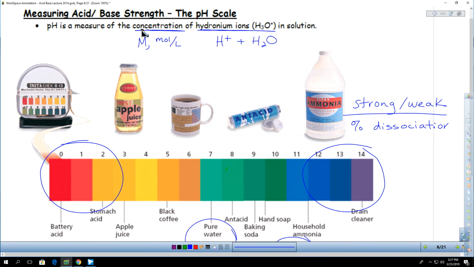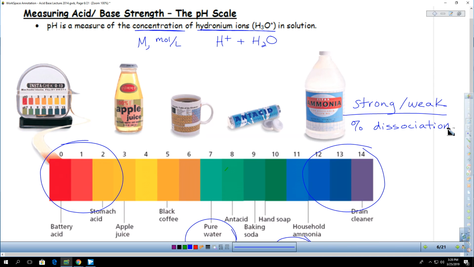They're kind of different. Sometimes they might go hand in hand, but not all the time. So it's not accurate to say that a strong acid has to have a pH of like 1, 2, 3. Strong just means that it's going to dissociate completely.